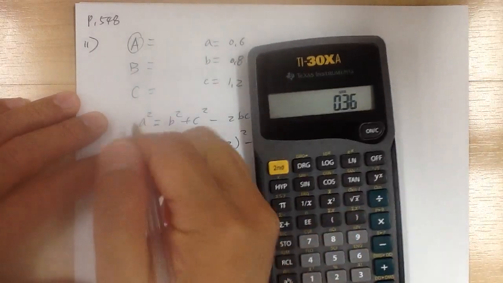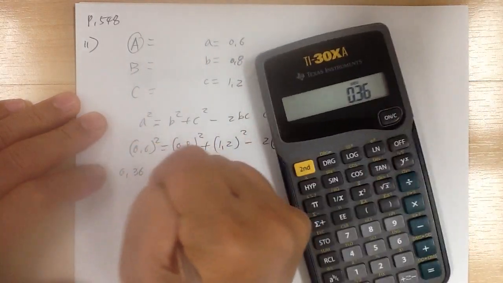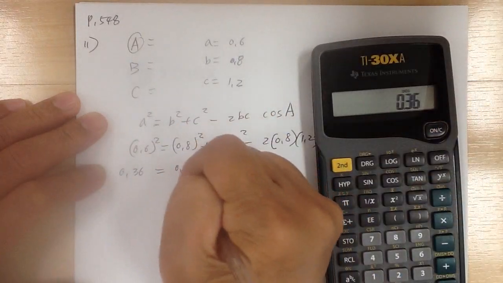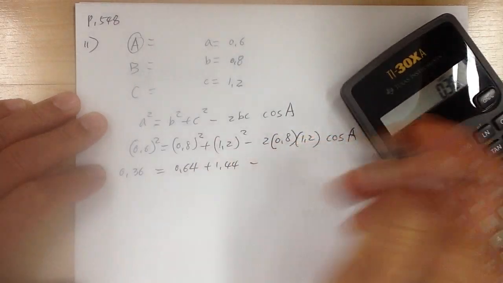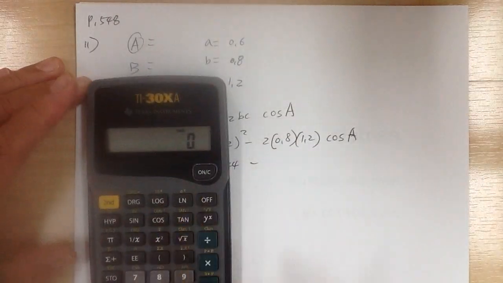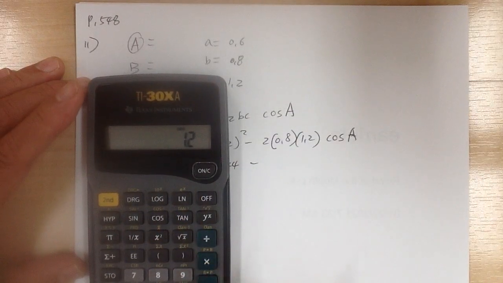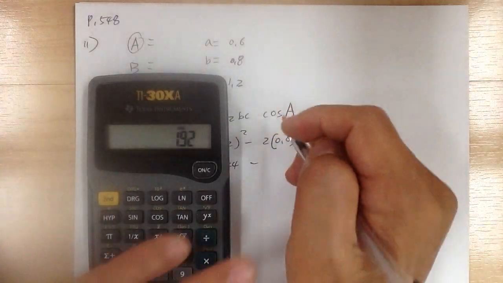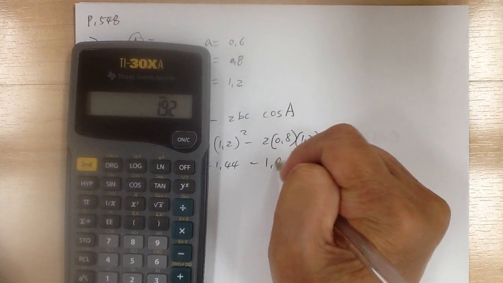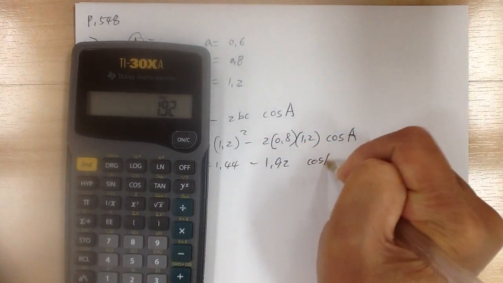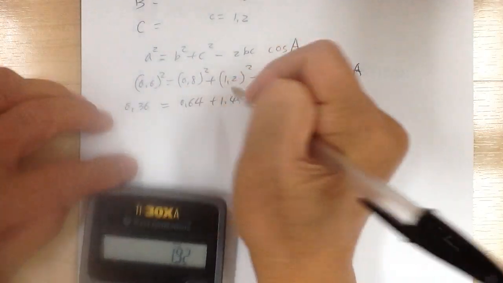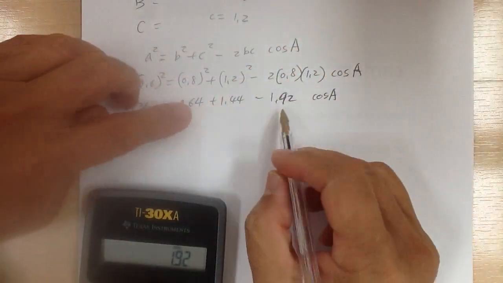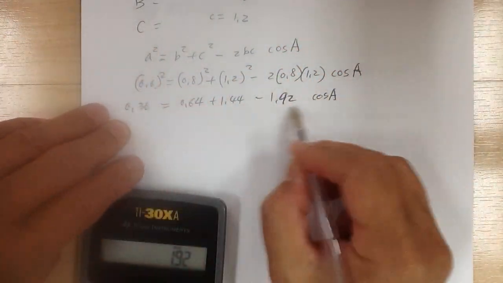0.6 squared equals 0.36, 0.64, 1.44 minus, okay, so 1.2 times 0.8 times 2 equal 1.92 cosine of A. Okay, so now we have to subtract this, but don't add this because this is part of the term.